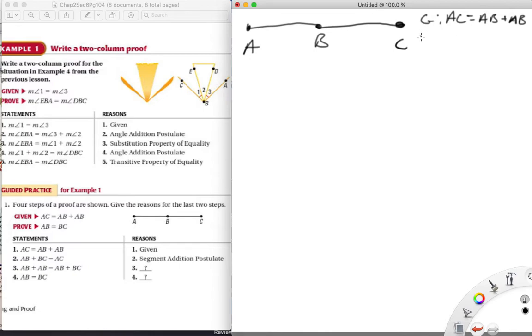They want me to prove that AB is equal to BC.